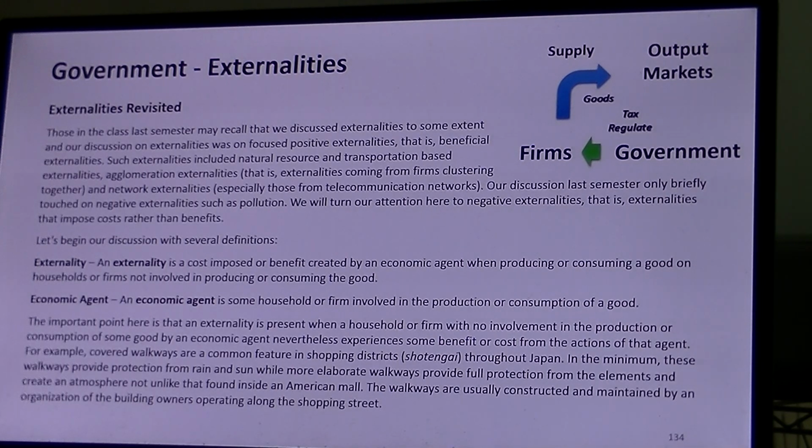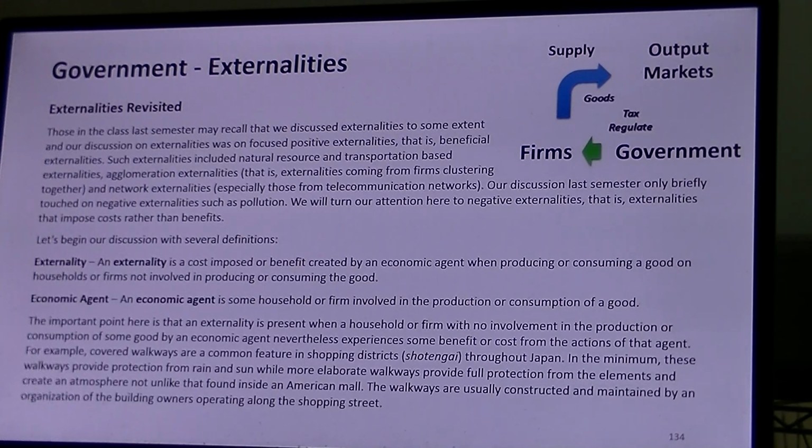Let's go over this in review. An externality is a cost imposed or a benefit created by an economic agent when producing or consuming a good on households or firms not involved in producing or consuming that good.